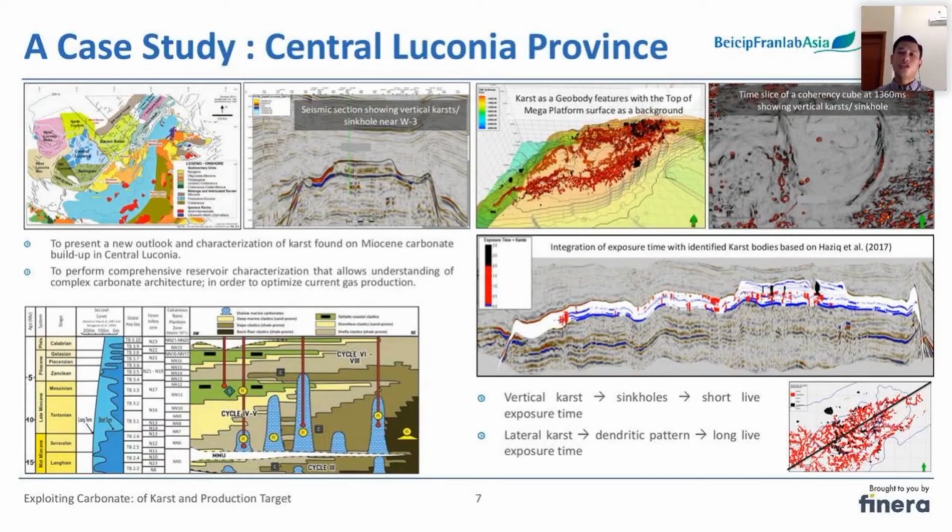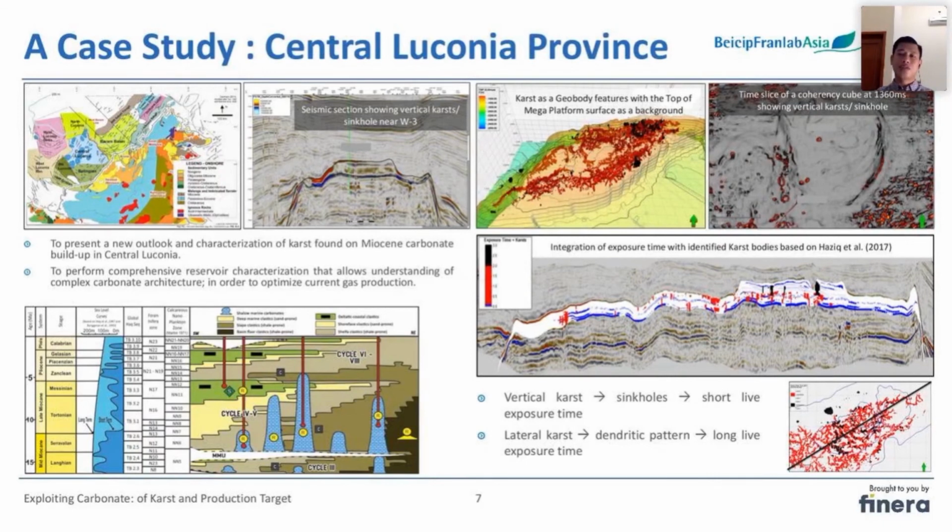With the technology of stratigraphic modeling, the exposure time property generated from the FSM model would aid the interpretation of this karstic feature. If we see the bottom image of the seismic, it is clear that the vertical karst features were more apparent in the short-lived exposure events of the micro platforms, shown by a light blue color, while the lateral karst occurrences were more apparent during long-lived exposure events, shown by the dark blue color.